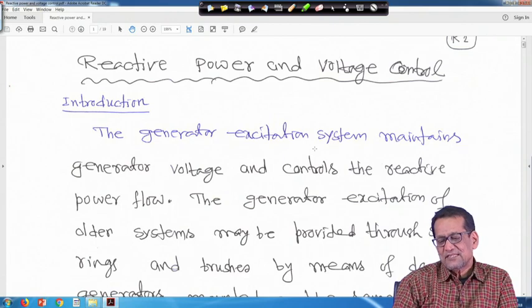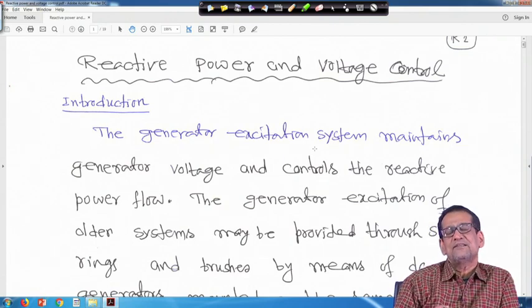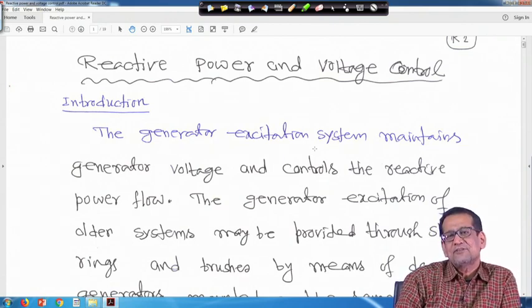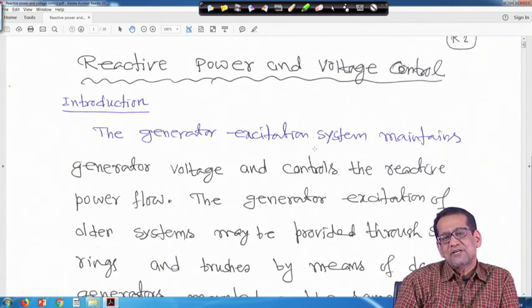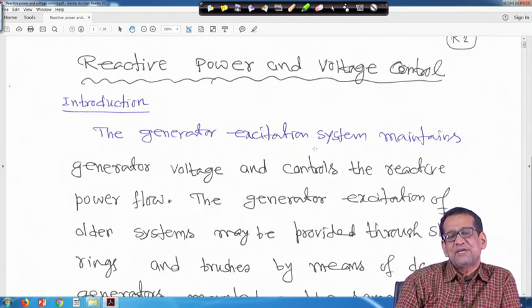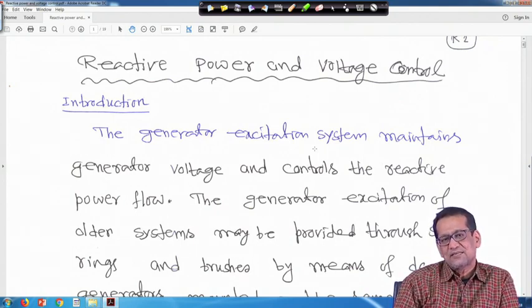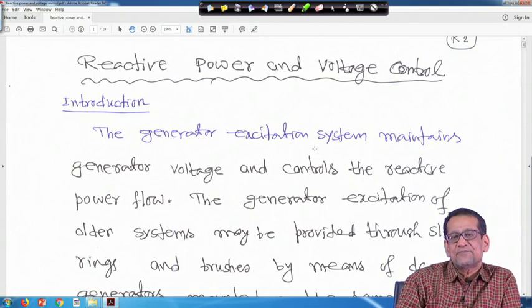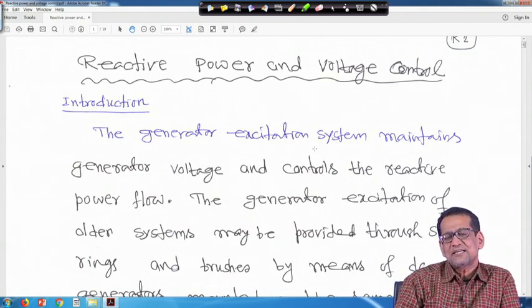So, at the beginning of the load frequency control or automatic generation control part, I told you that a small change in the real power load affects the system frequency, hence the speed of the synchronous generator, but it does not actually affect the bus voltage magnitude.